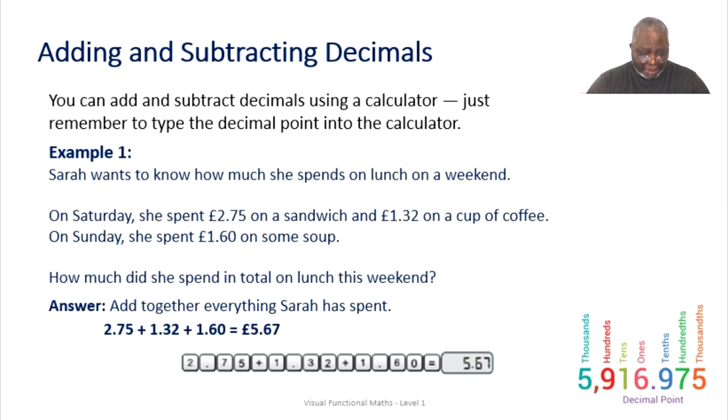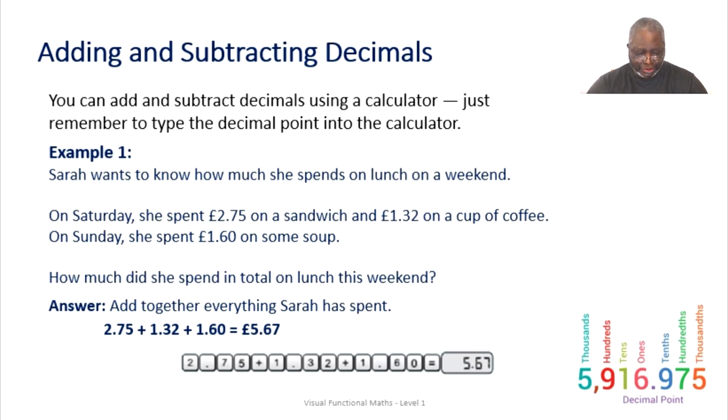How much did she spend in total on lunch this weekend? The answer? You add all of them together. Because it's money, they have equal decimal places. So 2.75 plus 1.32 plus 1.60 is equal to £5.67.